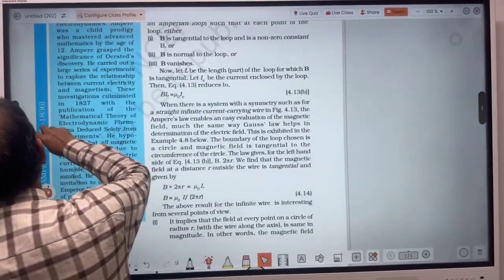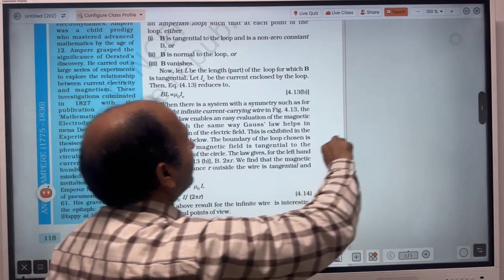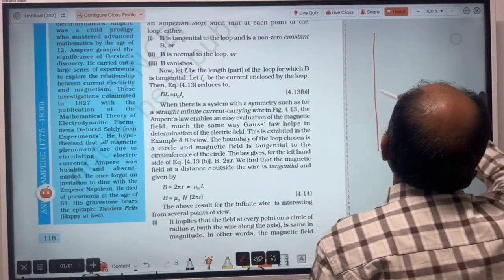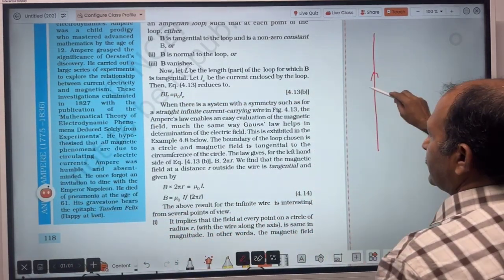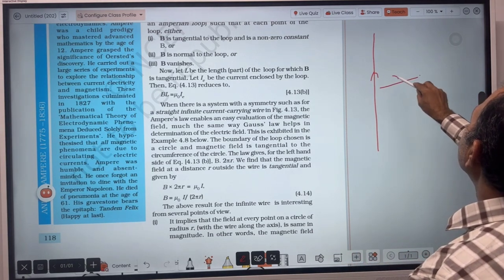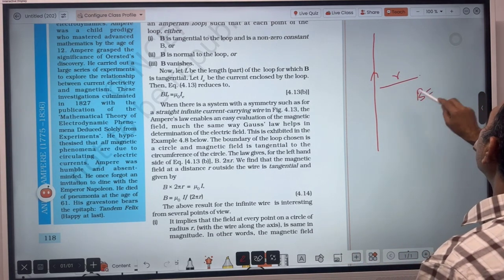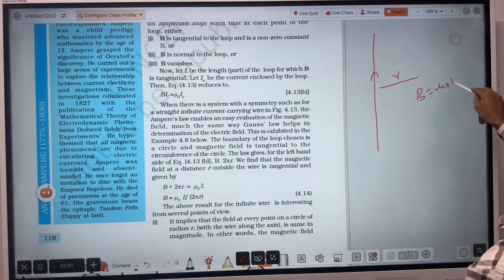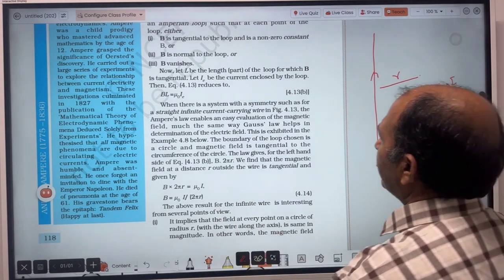So here, suppose this is a wire carrying current and its length is infinite. In that case, at any point at distance r, its magnetic field will be given by mu naught I divided by 2 pi r. So that is the interesting fact.